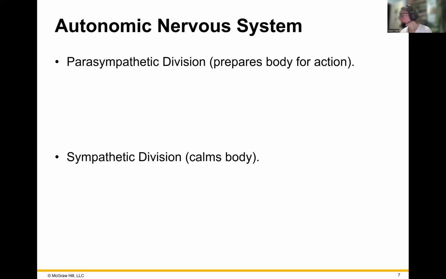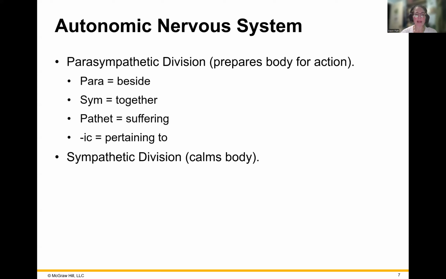But let's go to the difference between the parasympathetic division and the sympathetic division, and that is on the top of page 264 in your book. So if we break it down, parasympathetic means pertaining to beside together suffering. But if you look into that again, what it does is the parasympathetic actually calms the body, slowing down the heartbeat, but stimulating digestion.